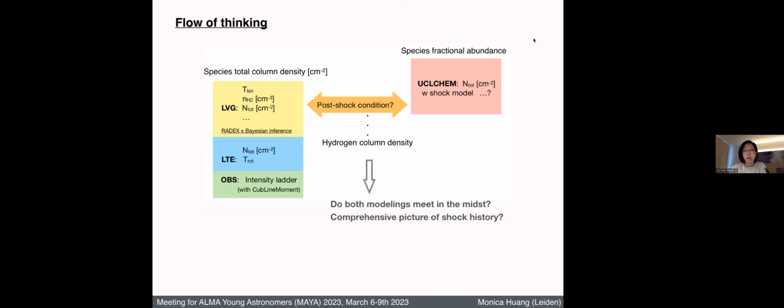That is to say, do those analyses and results meet in the middle and give us a comprehensive picture of the shock in the field that we study here?